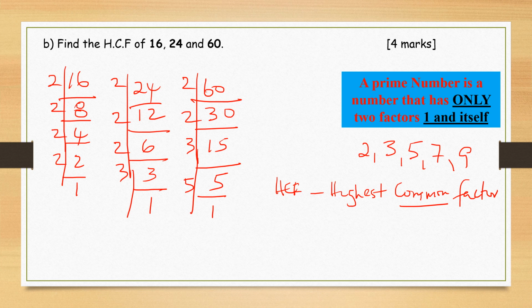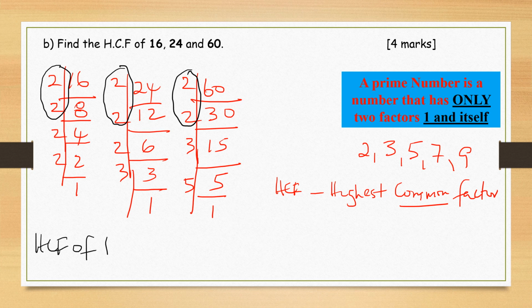So it has to be common in all 3 numbers. So let's go. There's a 2 by 2 here, and there's a 2 by 2 here, and there's a 2 by 2 here. There's nothing else common. So the HCF of 16, 24, and 60 is 2 times 2, which is 4.